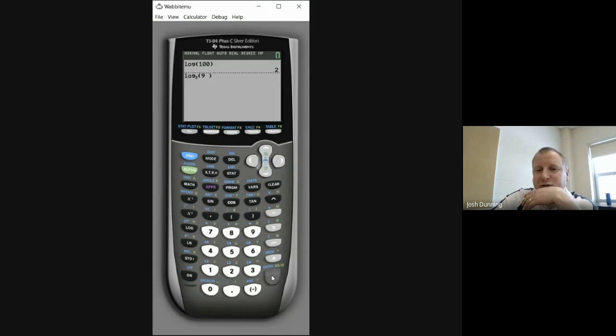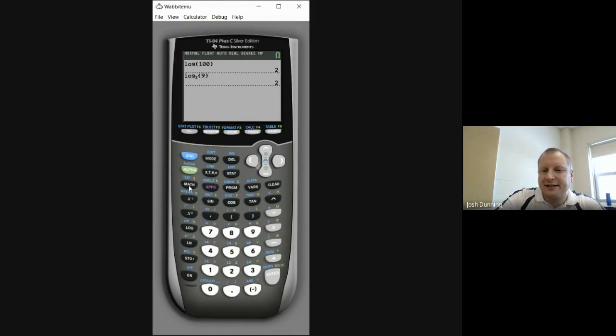Well, we know that's 2. Hey, there we go. The button on the front is log 10, base 10. And if you notice above it, 10 to the x power, hey, that's the inverse. Exponential and logs are inverses.